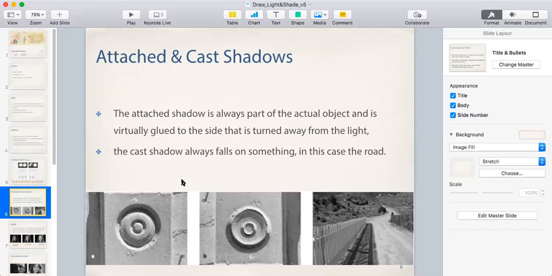The answer is they are coming from the same direction. They look different because the design of the object is different. For the first one, the attached shadow is formed right below the surface that's facing the sun. And the second picture is the same. The attached shadow is formed here, also below the surface that's facing the sun.